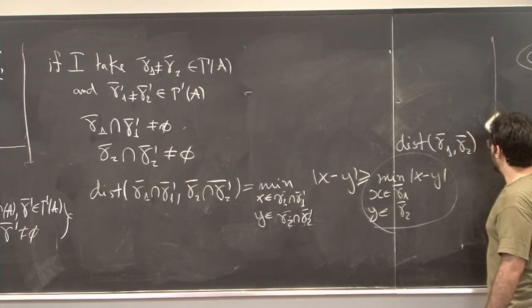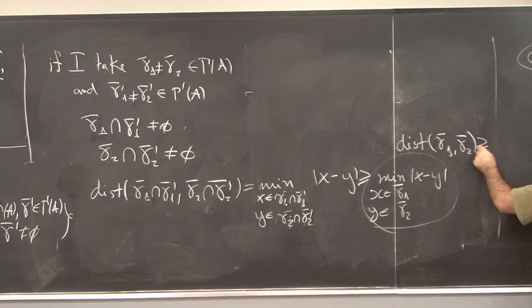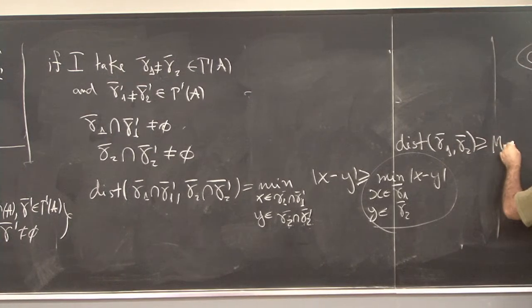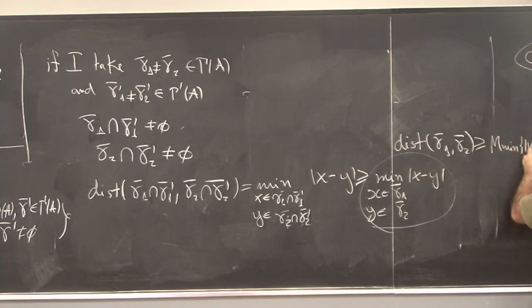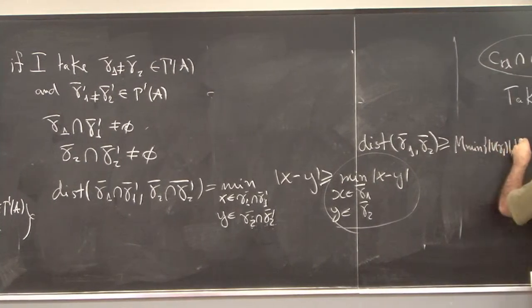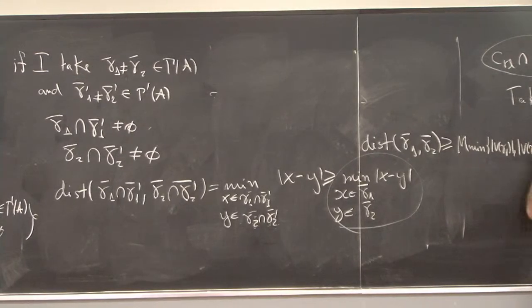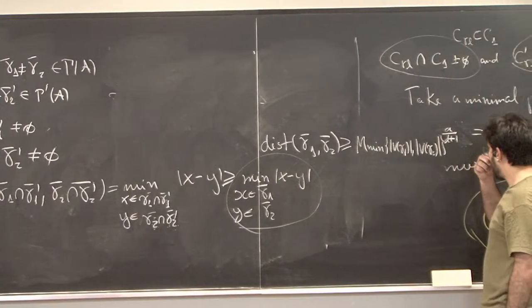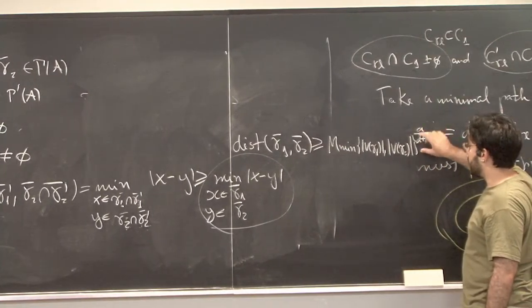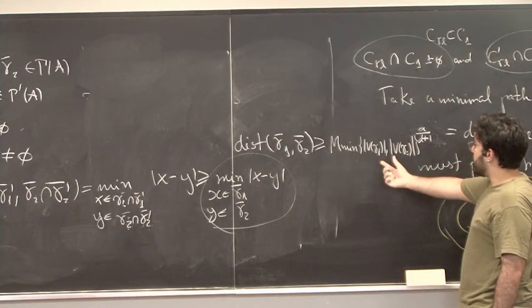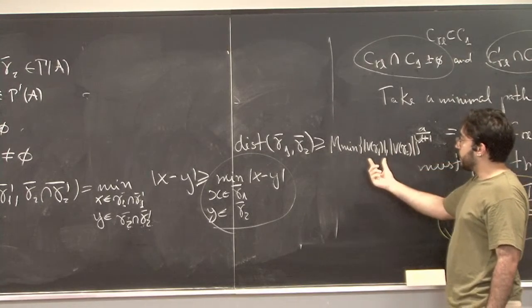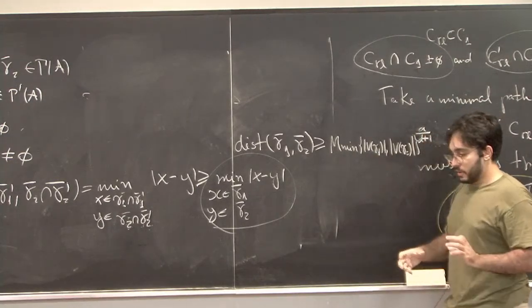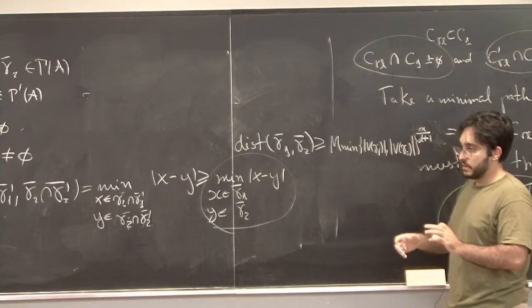But since this satisfies condition B, I know this is larger than m times the minimum of the volume of gamma 1, the volume of gamma 2, to some power, AD plus 1. This is positive. Another thing is that the volume is monotone with respect to inclusion.